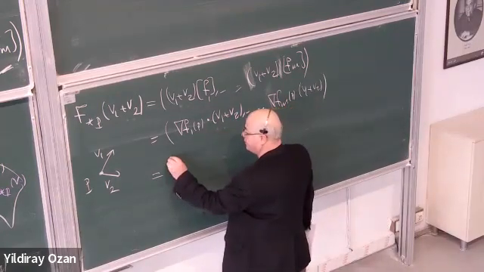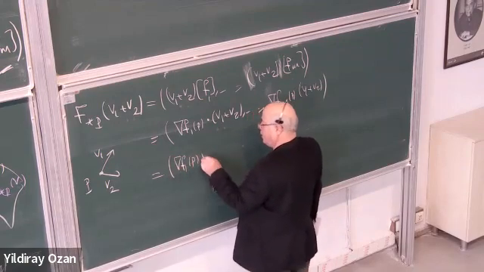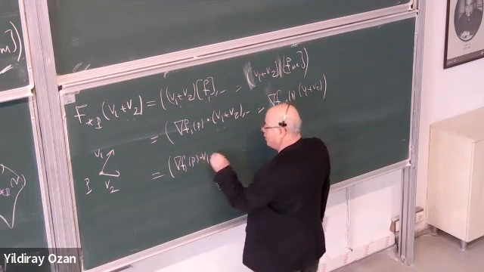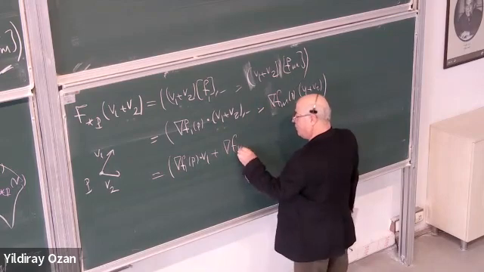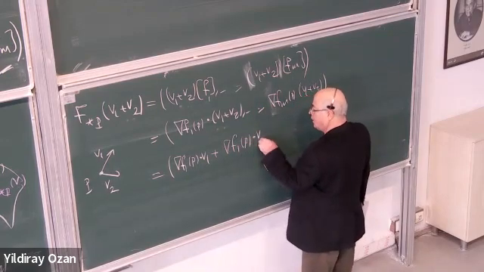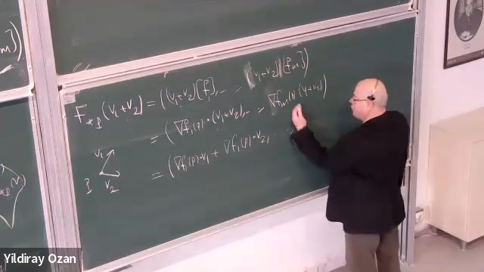So I can write this as the gradient of F1 at P dot V1 plus the dot product with V2, and this is true for each coordinate.